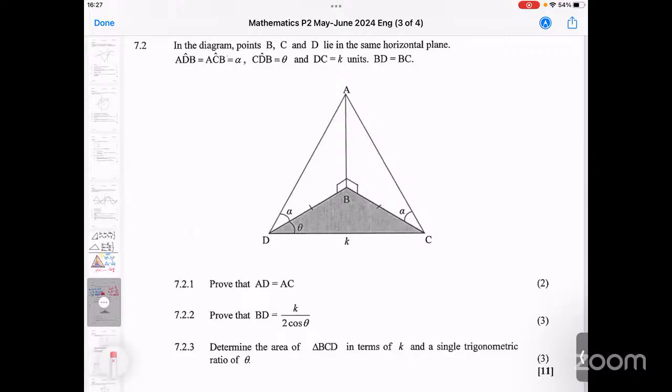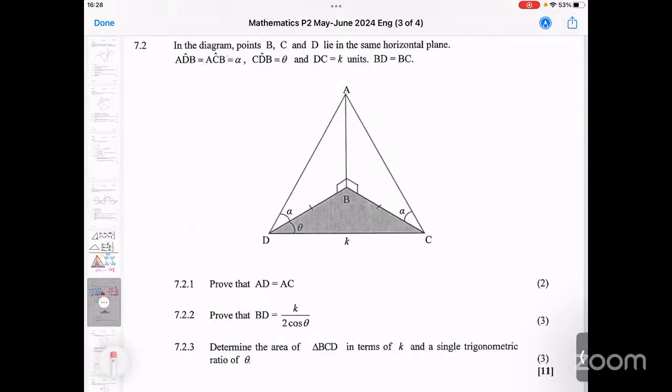And then we would use the sine rule, BD over sine theta equals DC over sine of 180 minus 2 theta, as we discovered in the previous step. And then DC is equal to K, and sine of 180 minus 2 theta would just be sine 2 theta. So then we would use the sine rule again and say BD over sine theta is equal to K over sine 2 theta.